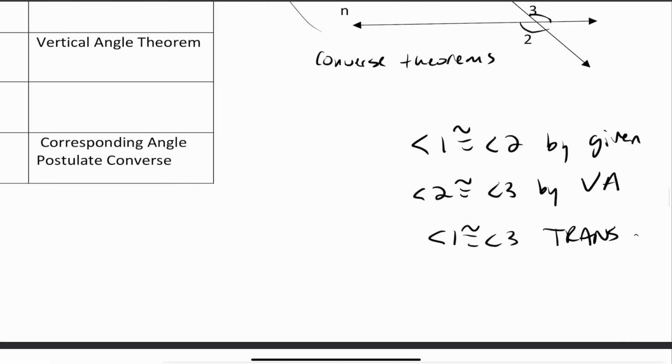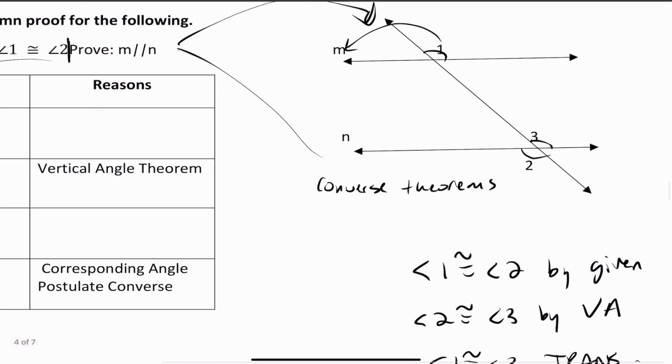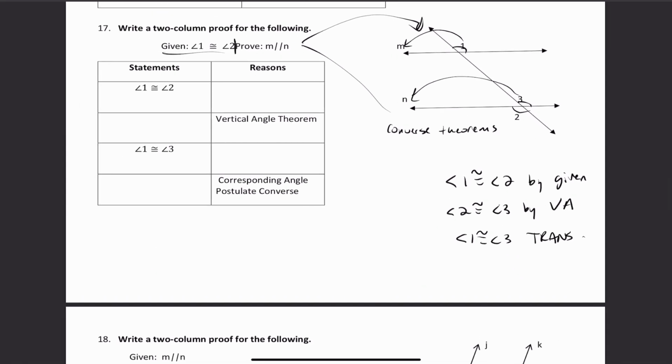So we can say that since 1 is associated to M and 3 is associated to the line N over here, we can say that M is parallel to N. And based on the positioning right here, these are corresponding angles. But really, in particular, the reason they are parallel is the corresponding angles postulate.